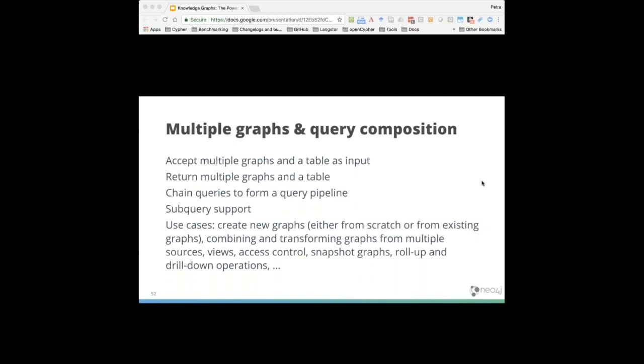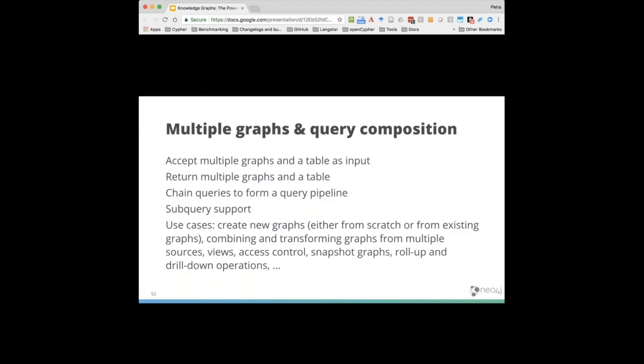What this means is that it would give you the facility to do many things. One of them is to create new graphs on the fly, either from scratch or from existing graphs. Remember how I was talking earlier about looking at your customer data and just drawing out the subset of entities you're interested in. So basically, just to draw out a subgraph.